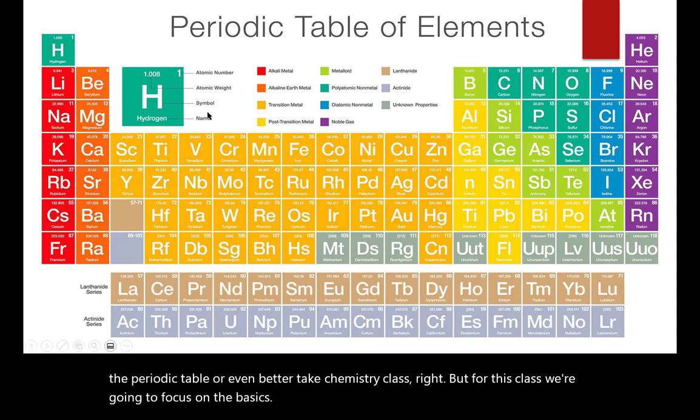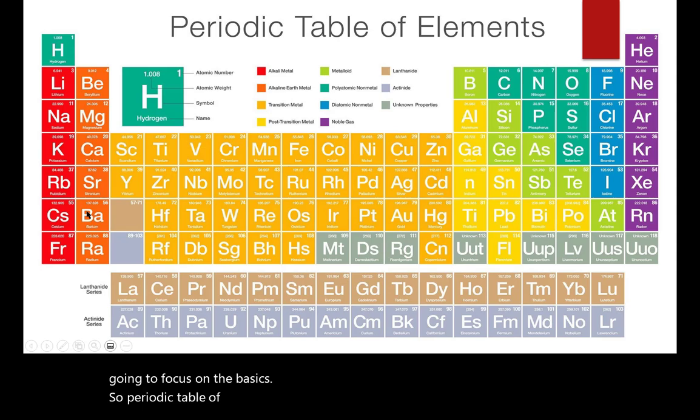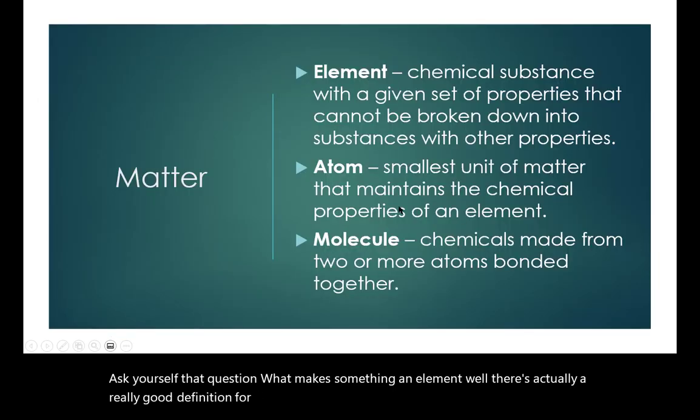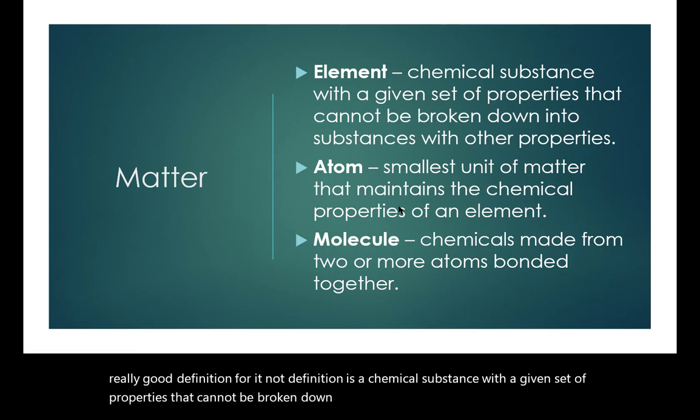So, periodic table of the elements. Well, what is an element? You ever stopped and asked yourself that question? What makes something an element? Well, there's actually a really good definition for it. And that definition is a chemical substance with a given set of properties that cannot be broken down into substances with other properties.